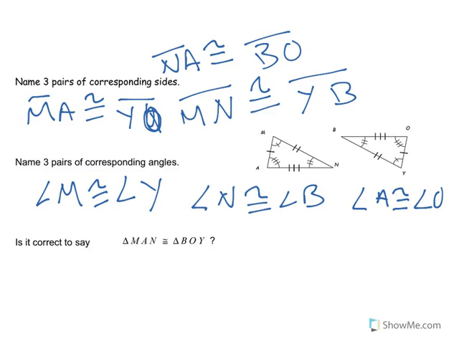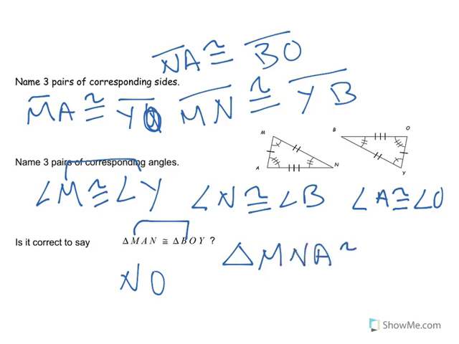Well, we're saying that M is to Y, but here we say that M is to B. So the answer is no. So we should have said that triangle MAN is congruent to triangle YBO.